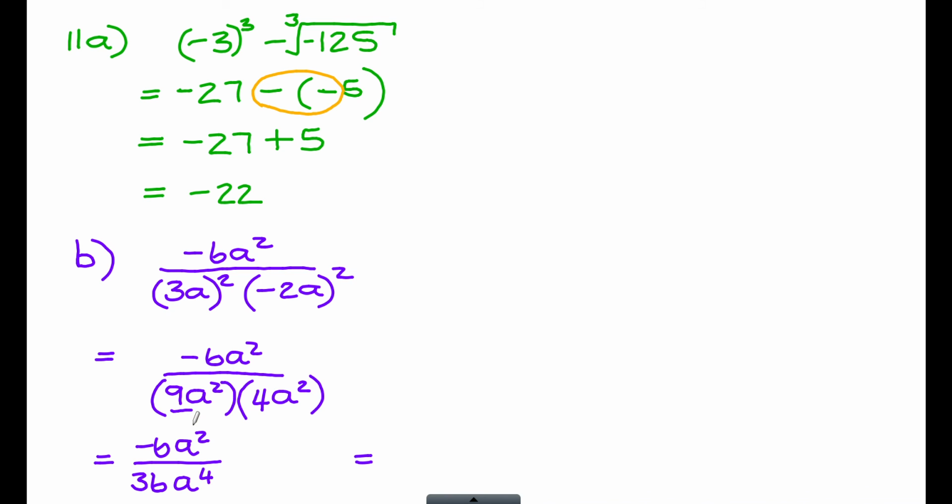No, then 9 times the 4 gave me that 36. Yeah, I write a lot of steps. Yes, 9 times 4 gives me 36, and a squared times a squared would give me a to the power of 4. I can't just multiply the coefficients.